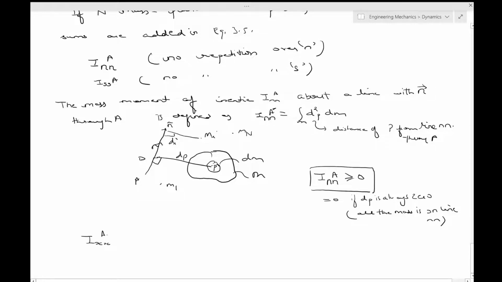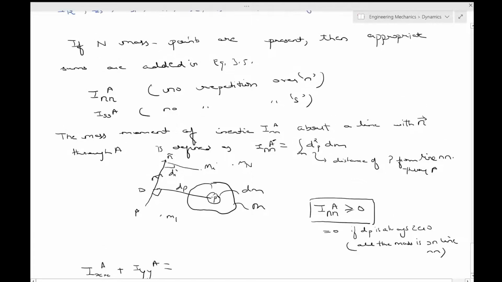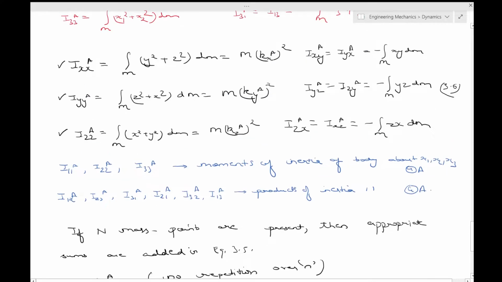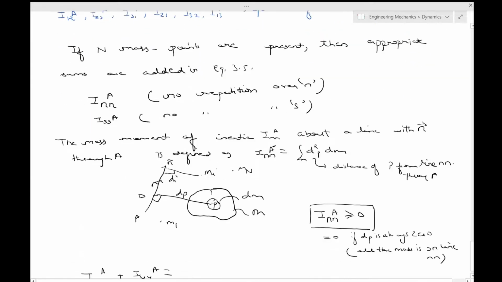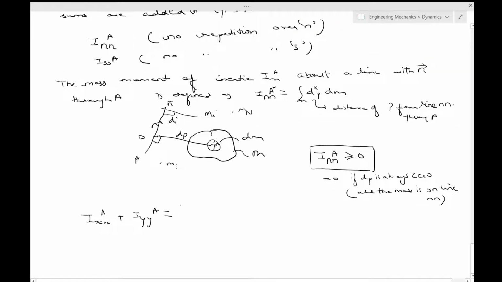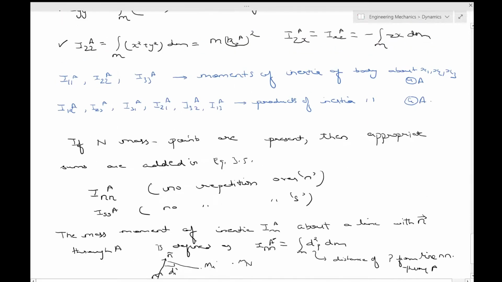So Ixx of A plus Iyy of A, if you can see this, will be what? x square plus y square plus 2z square, right? So this would be the integral of x square plus y square plus 2z square dm, and this will be greater than Izz of A. Look at what Izz of A is.